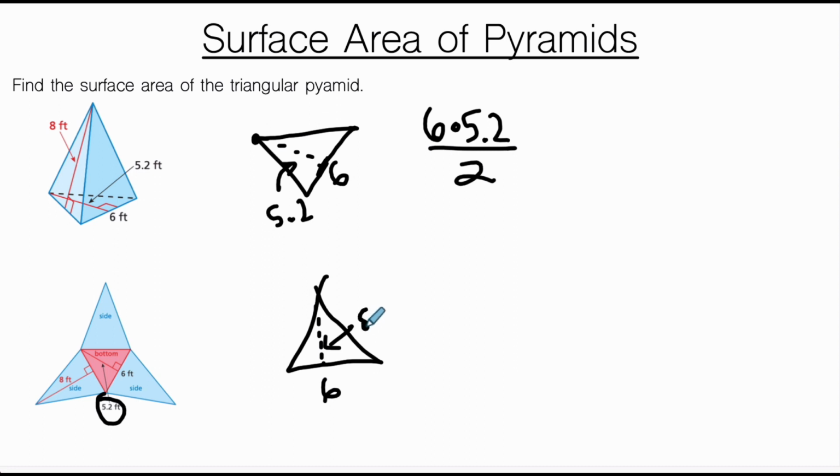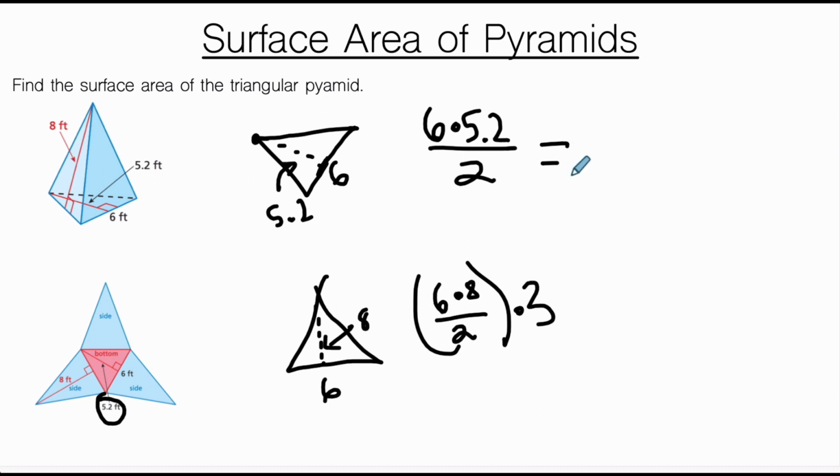So this is 8. So we're going to be doing 6 times 8 divided by 2. And then whatever that is, triple it, because we have 3 of those identical faces. So that's going to be 6 times 8, 48, divided by 2, 24, but then triple it.